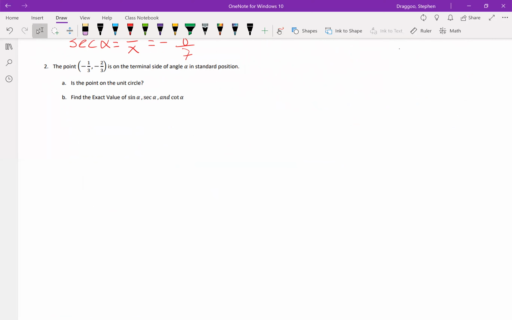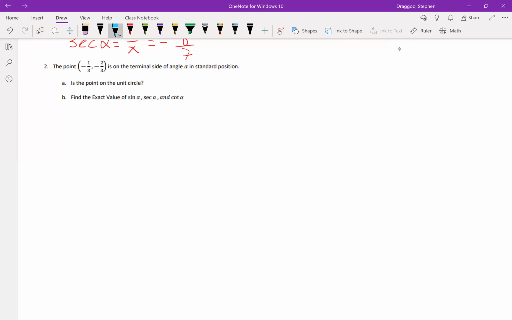Problem 2, asking if the point -1/3, -2/3 is on the unit circle. Well, we can see that if we add 1/3 and 2/3 together, we get 1. But be careful, because that is not the equation of the unit circle.